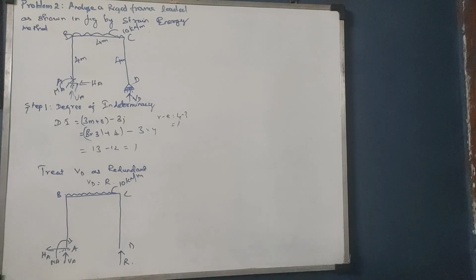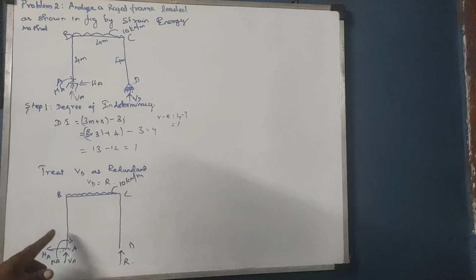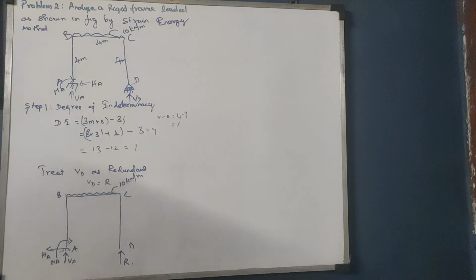Right? So in the previous problem, in step 2, we had to find support reactions. So here we can find the redundant force without calculating support reactions, since it is a cantilever type of rigid frame, that is, one end fixed and the other end free.